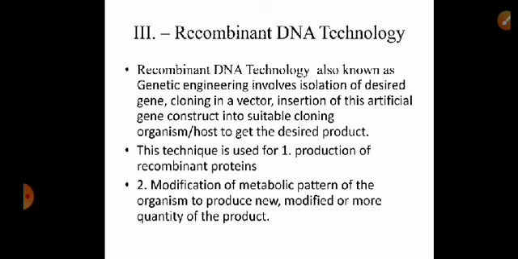Where do we use this technique? For producing recombinant proteins and for modification of the metabolic pattern of an organism to produce a new or modified product, or more quantity of product. So recombinant DNA technology involves isolating a gene of interest from one organism, putting it into a vector, and allowing expression of the gene in the host organism.